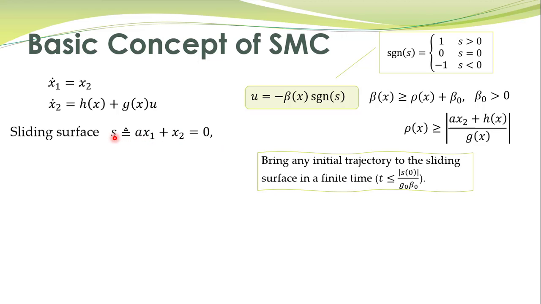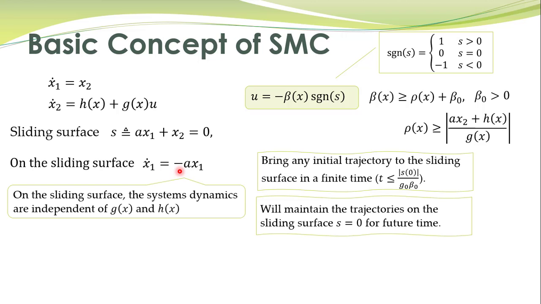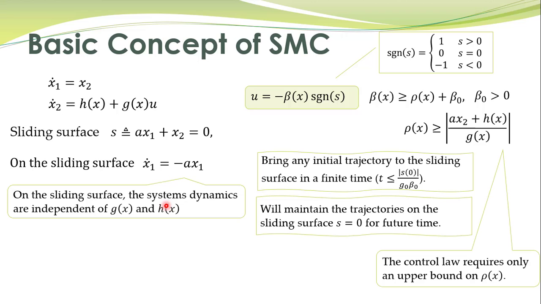And what is the behavior of the system on this sliding surface? On the sliding surface, the system is described by this differential equation, that is, by reduced order dynamics, and on the sliding surface the system dynamics are also independent of uncertain nonlinear terms. And what about this control law? This control law requires an upper bound on rho of x.